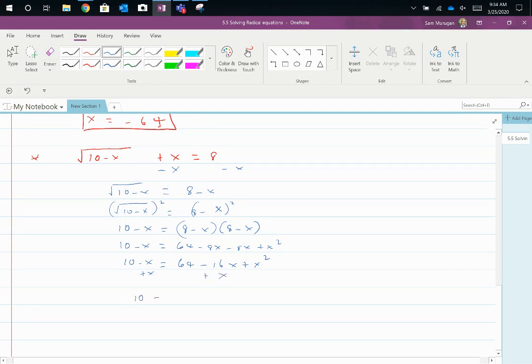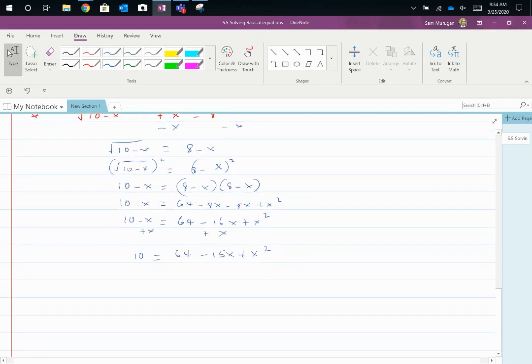This gives me 10 is equal to 64 minus 15x plus x squared. Then I'm going to take away 10 from both sides, because obviously we need to have this equation equal to 0. 54 minus 15x plus x squared.